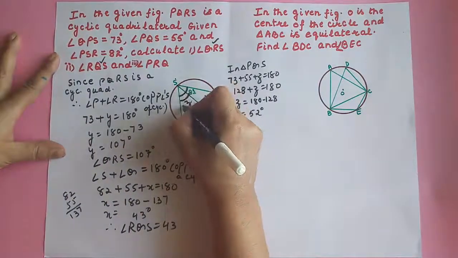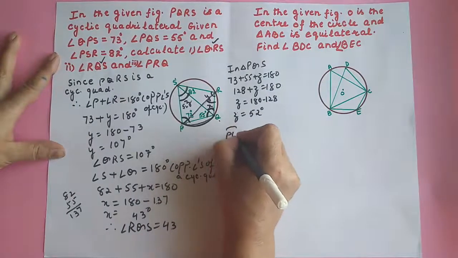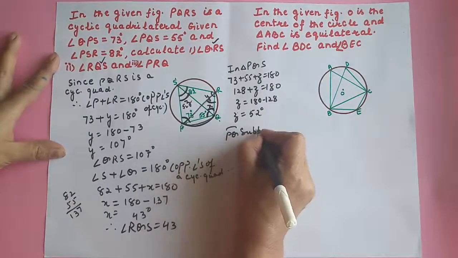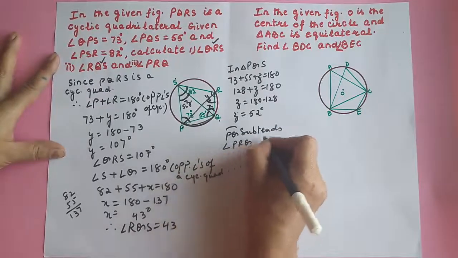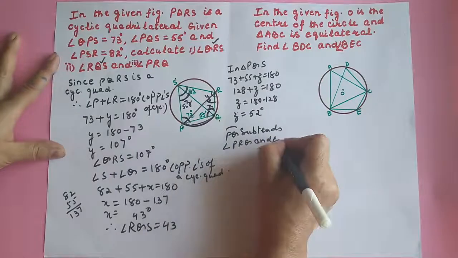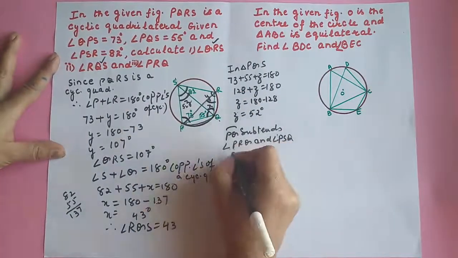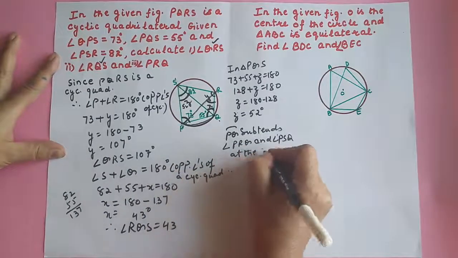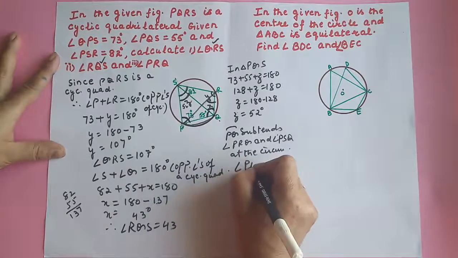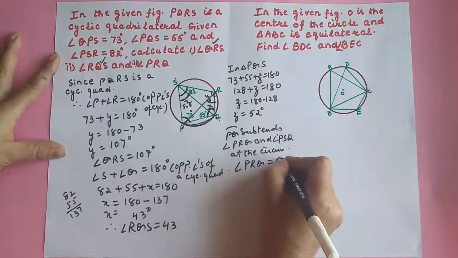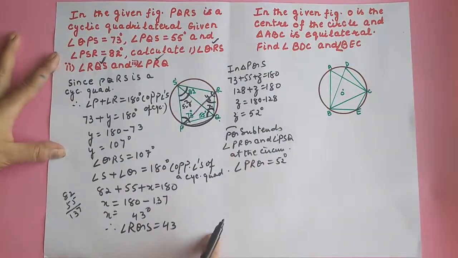So if this is 52, this is also 52. Why? Because arc PQ subtends angle PRQ and angle PSQ at the circumference. So angle PRQ is also equal to 52.